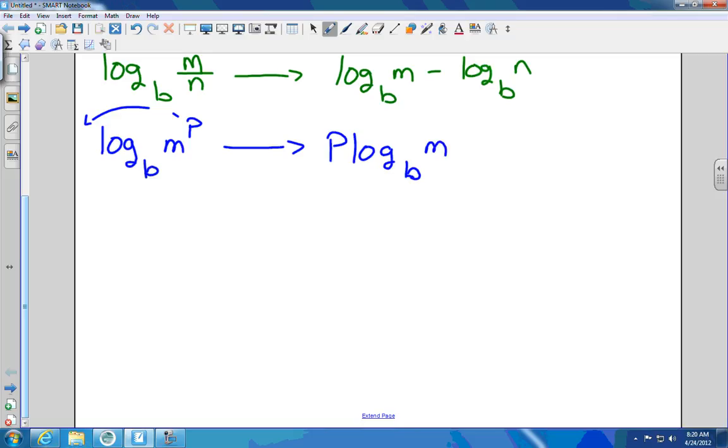Sometimes you'll need to move the exponent from the front up and make it an exponent. Sometimes you'll need to move it out to the front. So you can use that either way also. So if you had log base 3 of x squared, you can rewrite that as 2 log base 3 of x.